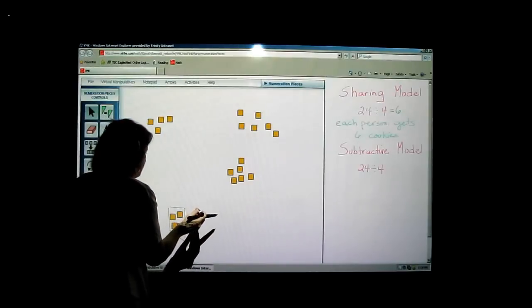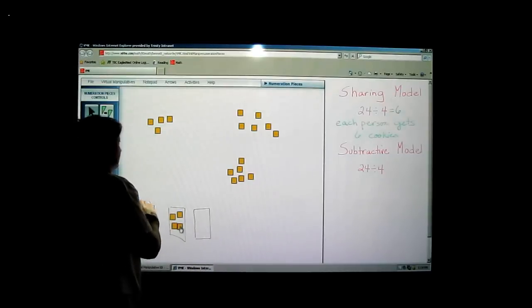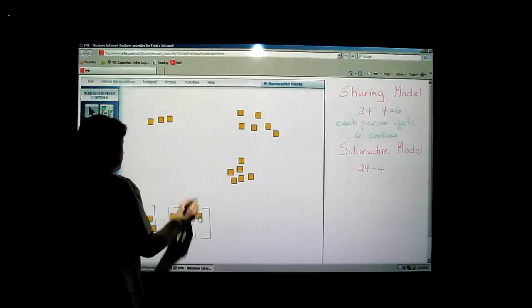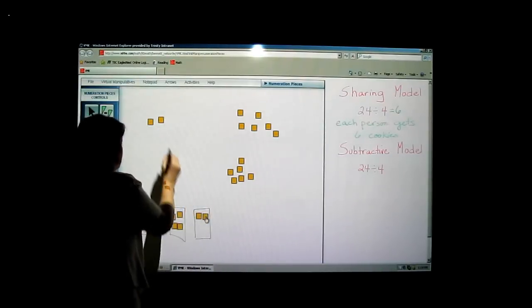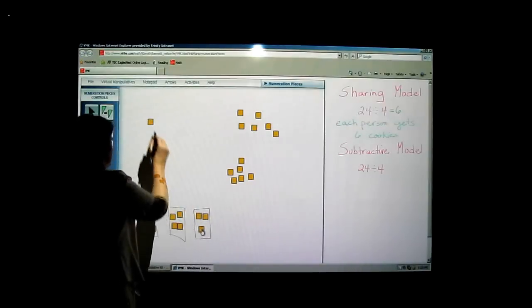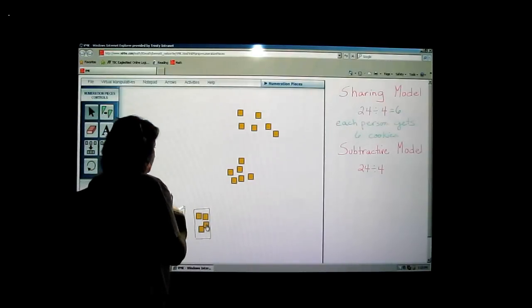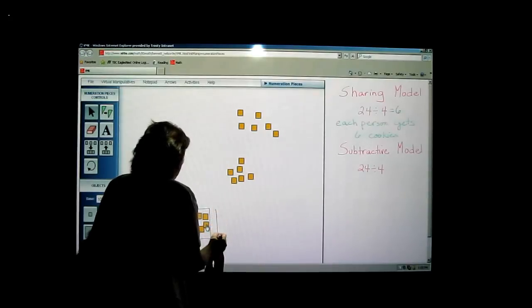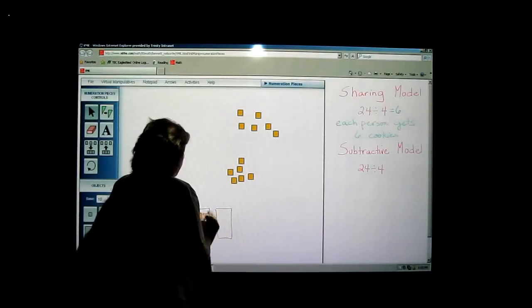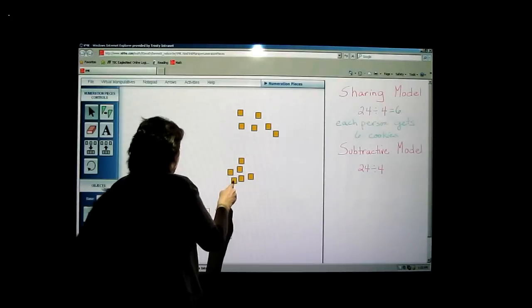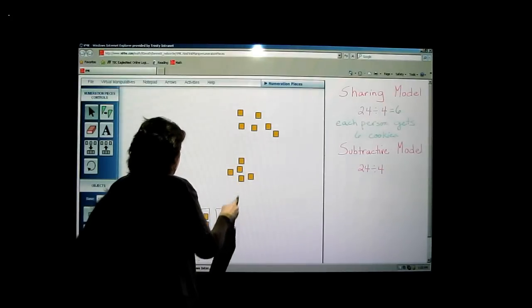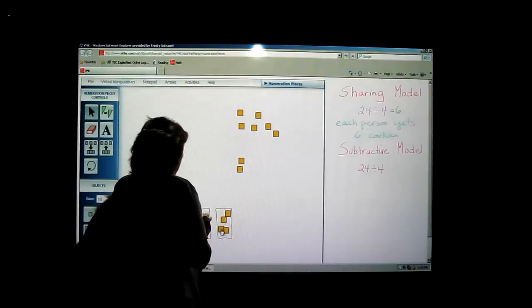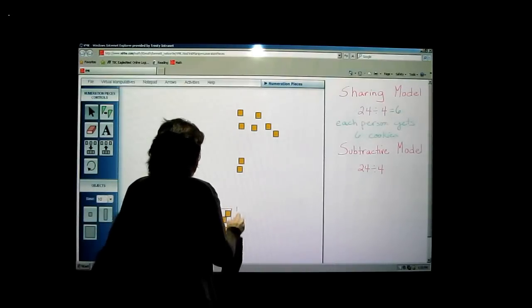And I make another lunch bag, and I keep doing this until I get all of my cookies distributed into lunch bags. Okay, I've got cookies left, so we'll have another lunch bag.